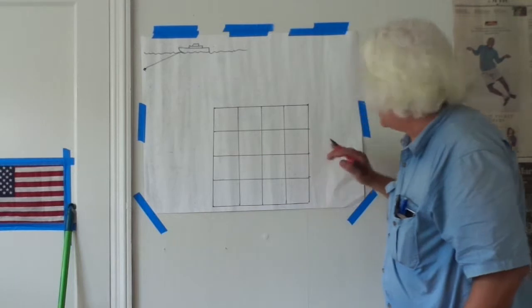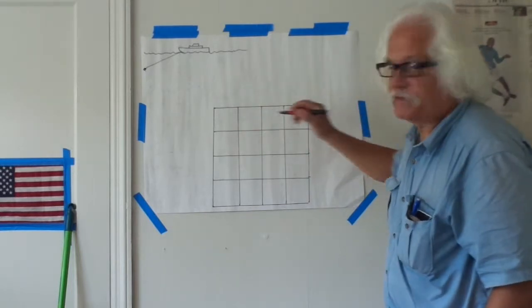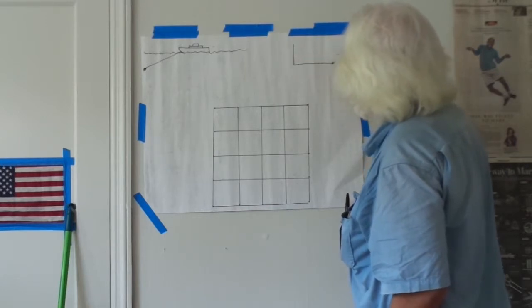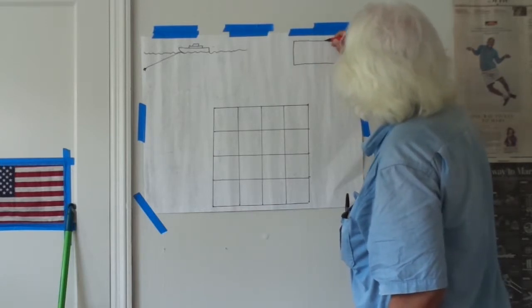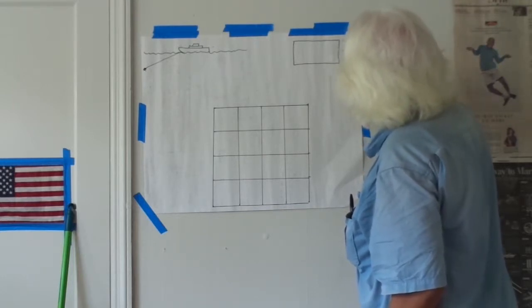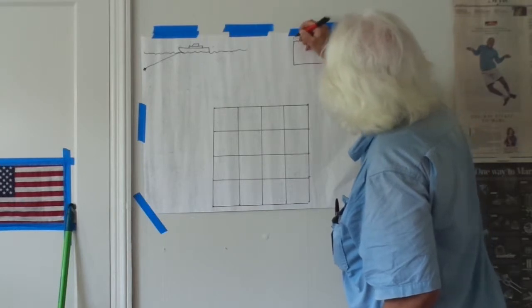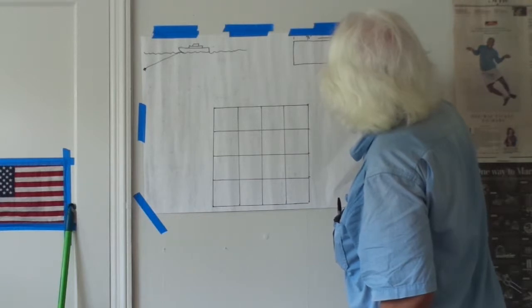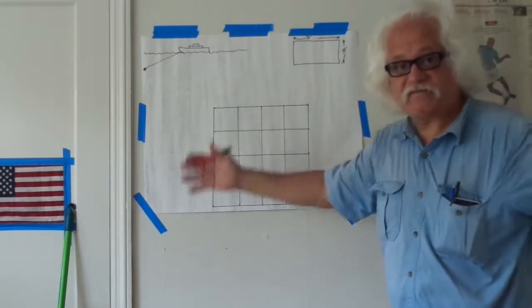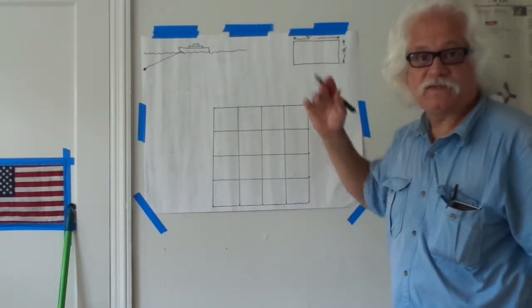Okay, this grid basically is a steel frame. It would be a grid, a measurement of 70 feet wide by 14 feet deep.